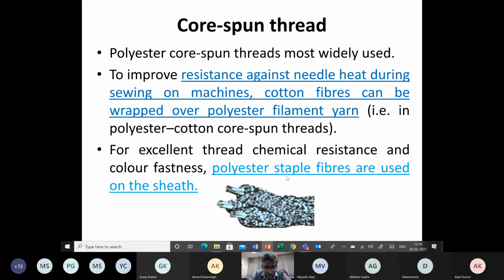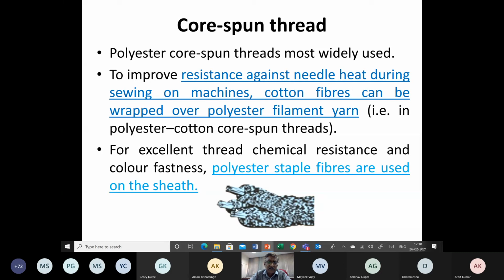So here you can see a 3-ply core spun thread. You can see there are 3 single yarns. In each single yarn, can you see my cursor? Yes, sir. The cursor I am showing now, that is a filament. This is the polyester filament.